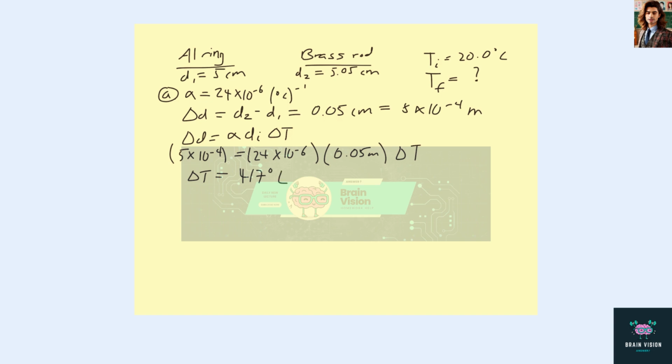It could also be Kelvin, because the difference doesn't really matter which one. But this change of temperature is equal to a final temperature, T_F, minus our initial temperature, which is just 20.0 degrees Celsius. So therefore, the final temperature for this expansion is equal to 437 degrees Celsius.